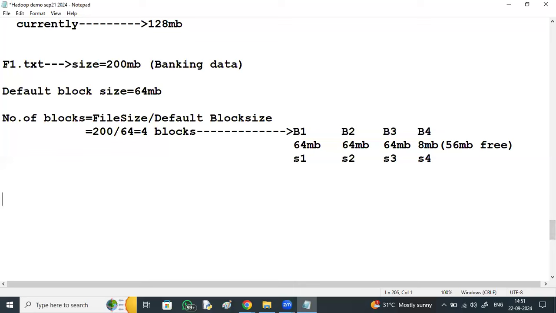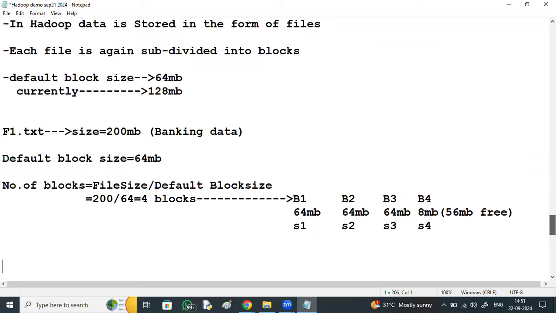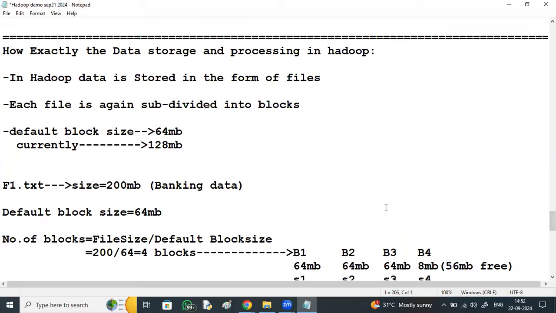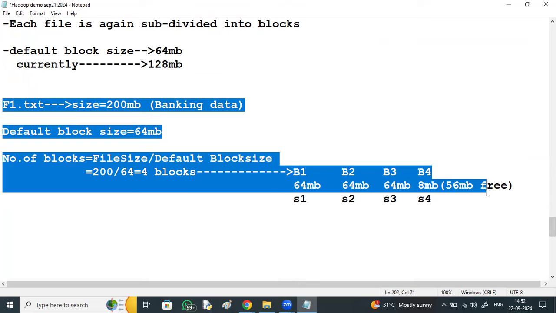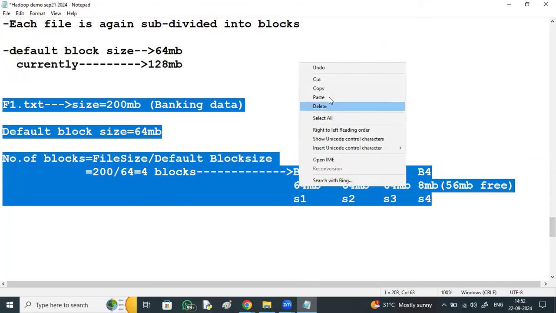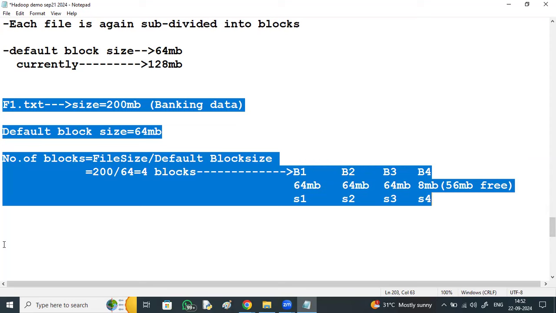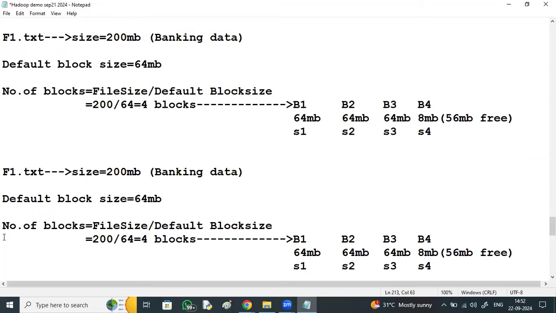Now just observe this. I'm copying the same thing and pasting here. This time f2.txt, size 192 MB, assume it is telecom data. The default block size is 64 MB.